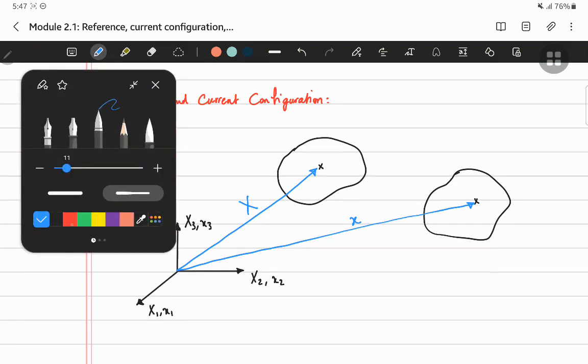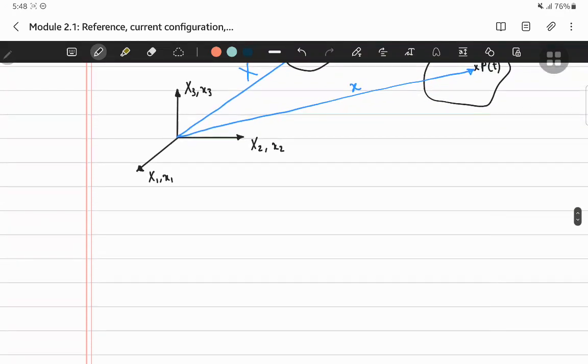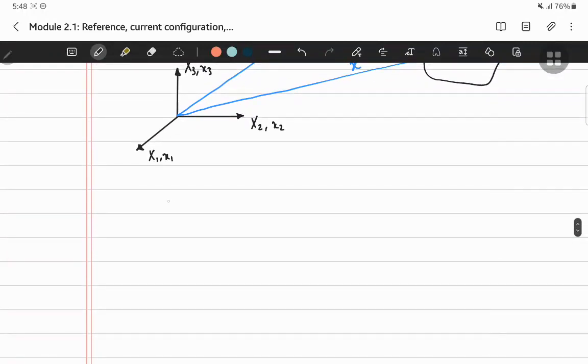So basically this is your particle at time t0, for example, and this is your particle at time t. This is the same as we had before. So we have x1 and x2, and you had a particle right over here on this path.